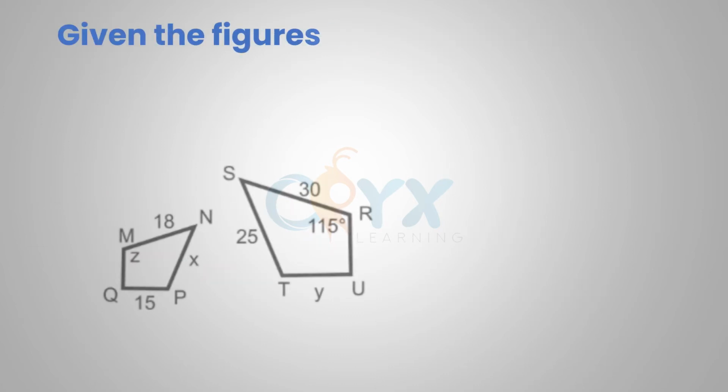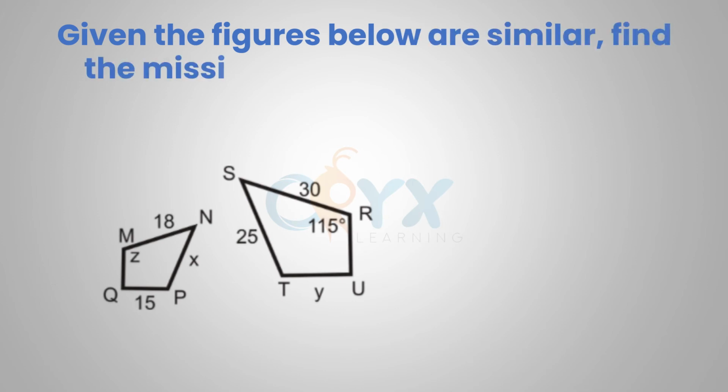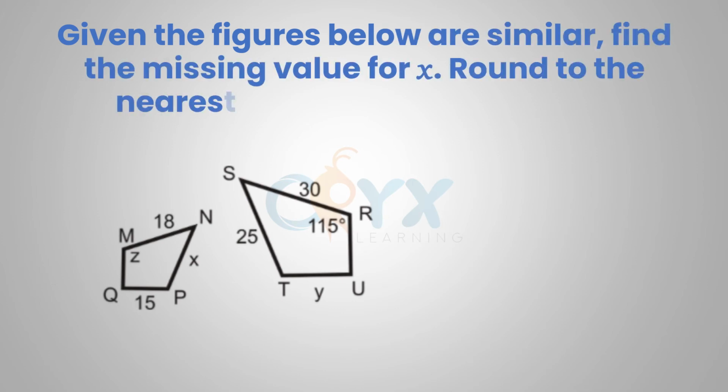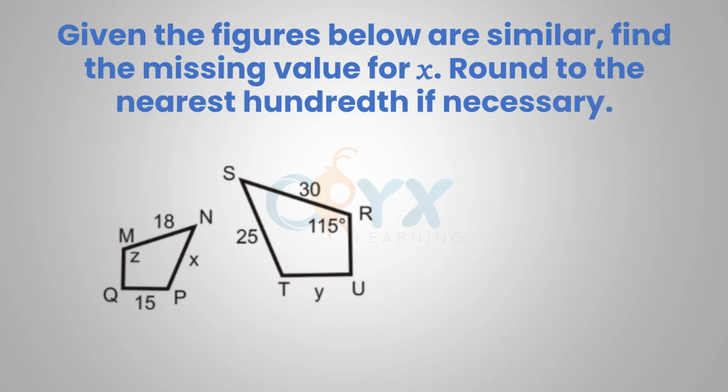Given the figures below are similar, find the missing value for x. Round to the nearest hundredth if necessary. Setting up a proportion, we'll have side MN over side RS is equal to x over 25. Substituting in the values for MN and RS, we get the proportion 18 over 30 equals x over 25.